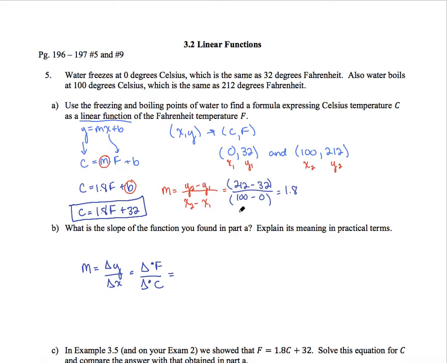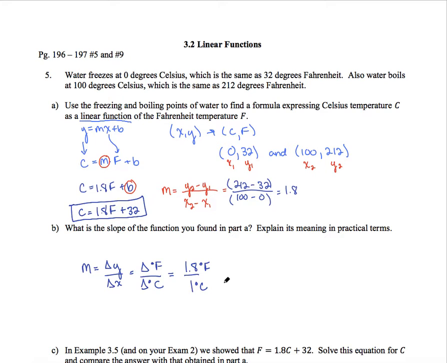So when we calculated 1.8, I'm going to write this as a fraction by writing it over 1. So what this is telling us is that every time the temperature increases by 1 degree Celsius, the temperature is increasing by 1.8 degrees Fahrenheit. So that's what the slope means in practical terms.